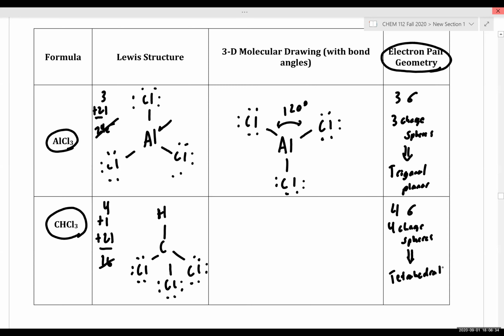So then, when we draw our three-dimensional picture for chloroform, we're going to need to respect the fact that this molecule has three-dimensional shape. And we need to respect the fact that the bond angles in this molecule are 109.5 degrees.